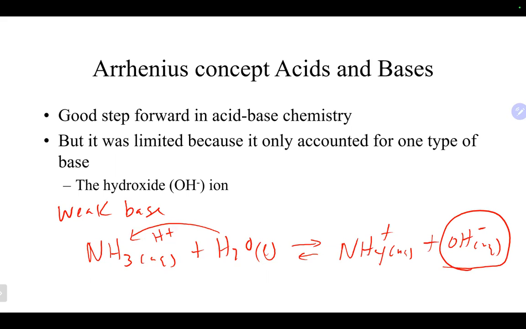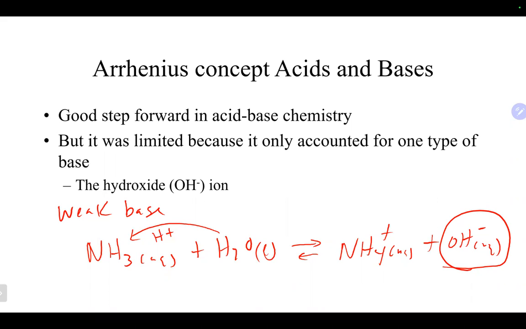It is a much weaker base than something like sodium hydroxide, because the sodium hydroxide pretty much has the hydroxide with it. So it just needs to go for a swim and it produces hydroxide really quickly. Something like ammonia has got to go find some water, do a little reaction, and produce a little bit of hydroxide. So it's a much weaker base because of that, but it is still considered a base because ultimately it is still able to produce hydroxide in solution.